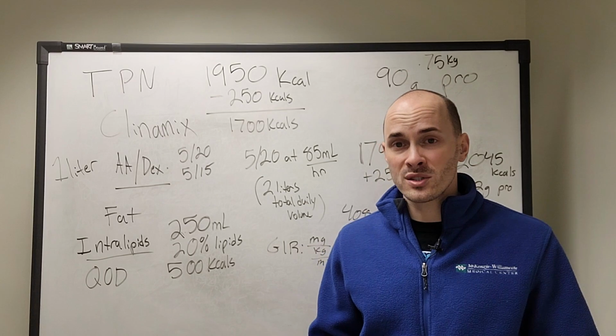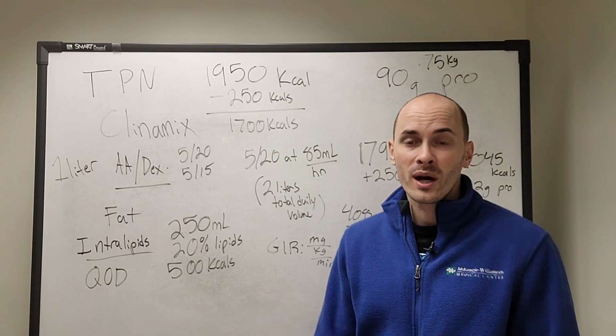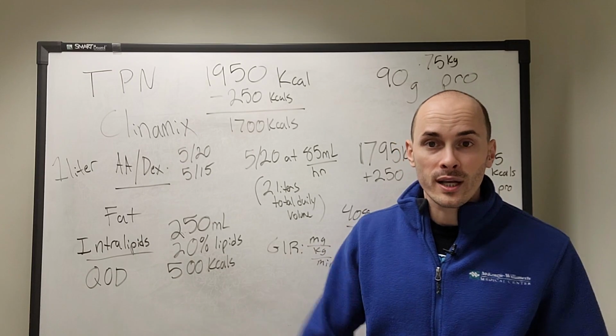Supposedly it's like $2,000 a day, so it's just a better use of money, and it's just a little bit better for the patient if they get a couple extra 100 calories.